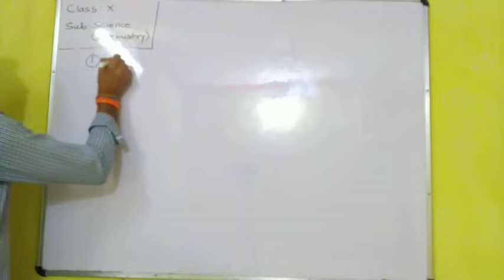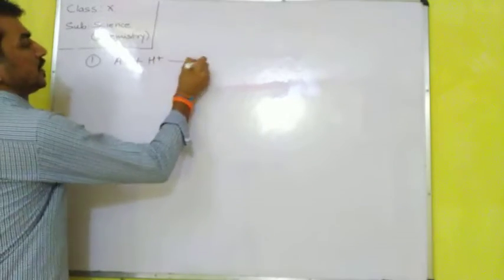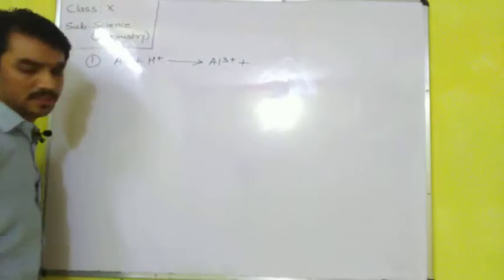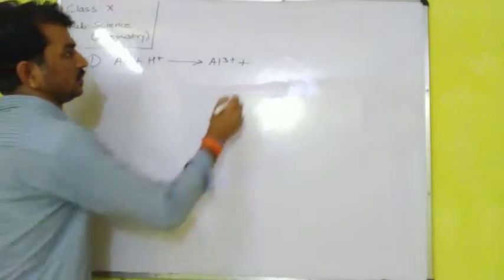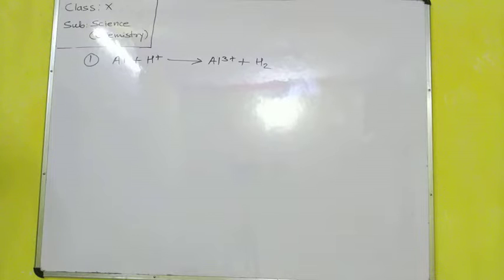we have to understand it. One of the examples is aluminium plus hydrogen ion, H plus, forming Al3 plus plus H2. Okay, is it clear?